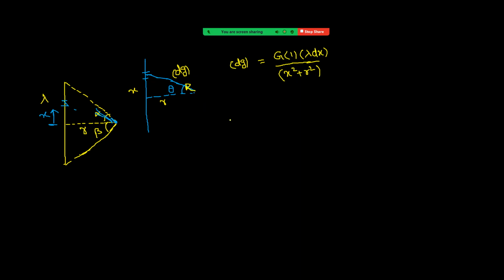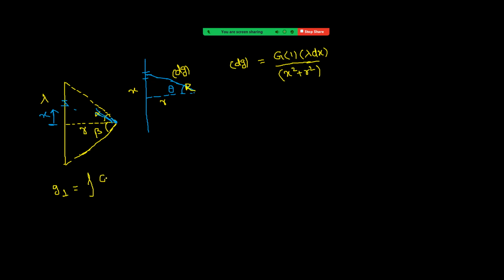To get the normal component, let us take the calculation here. Let us take g perpendicular, that is equal to the integration of, taking the component, dg cos theta.